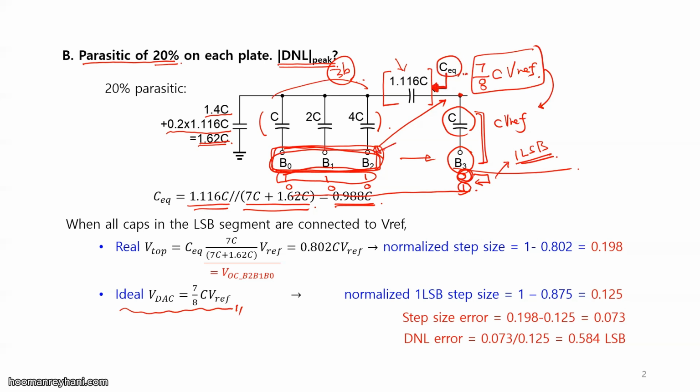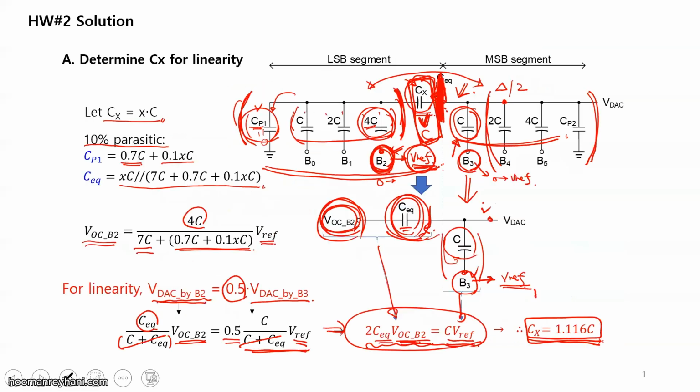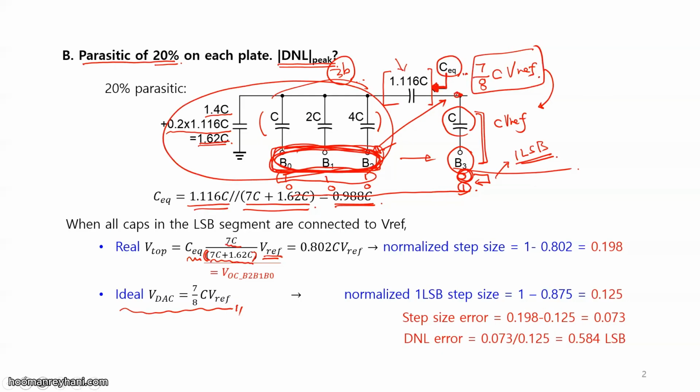And when we change this one, the voltage appears is CEQ multiplied by the entire capacity, 7C, which is connected to VREF, over the entire capacitance here, right? 7C is connected to VREF and entire capacitance is here, right? Just like this one here, right? That if we calculate, then we have this result.